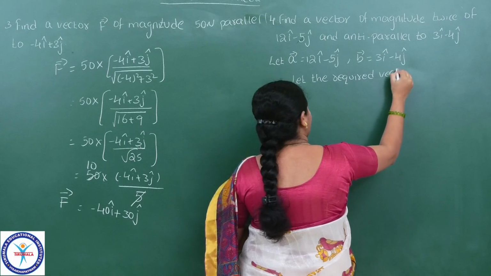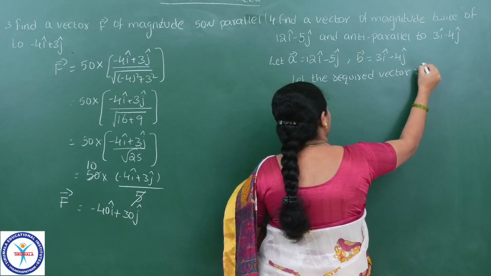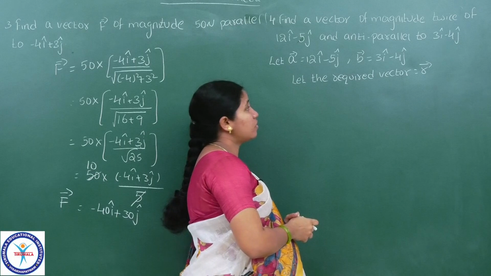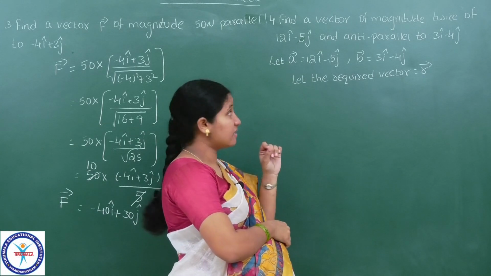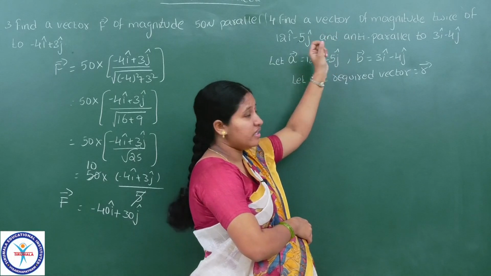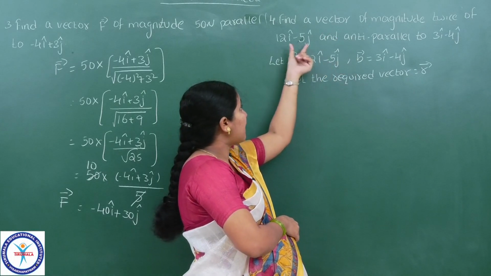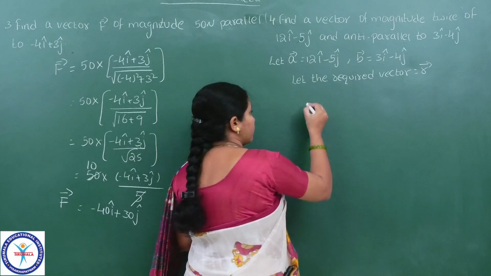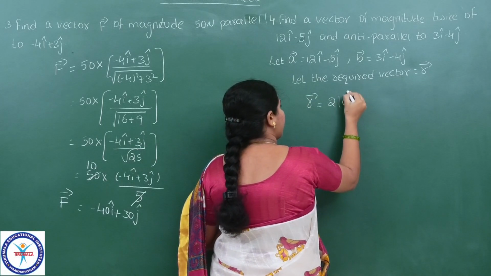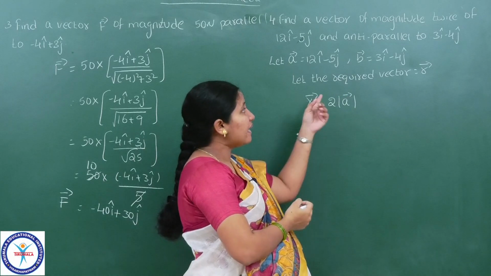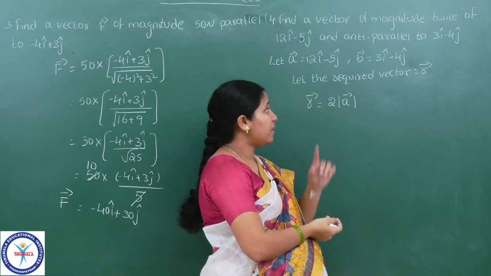Let the required vector equal r bar. So we need to find out r bar, and the condition given is the vector is equal to twice the magnitude of a bar vector. So r bar is equal to twice the magnitude of a bar vector and anti-parallel to b bar vector.